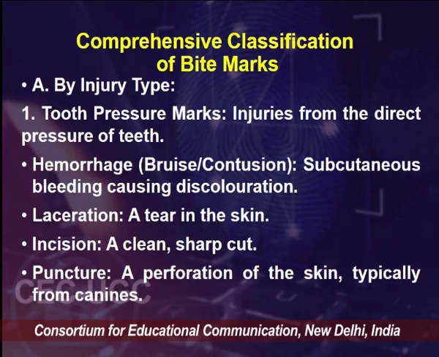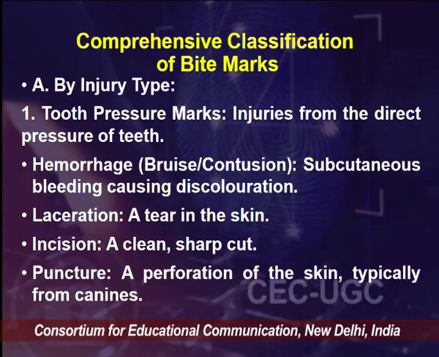We could have an incision, which is a clean or sharp cut. We could have a puncture, a perforation of the skin, typically from canines. So, depending upon the injuries, we can say that a bruise or contusion has been caused, a laceration is there, an incision is there, or a puncture in the skin is present.